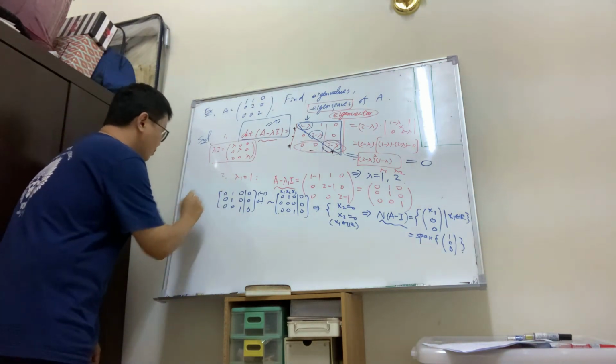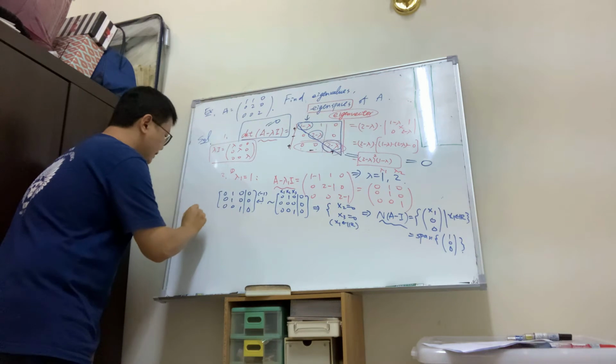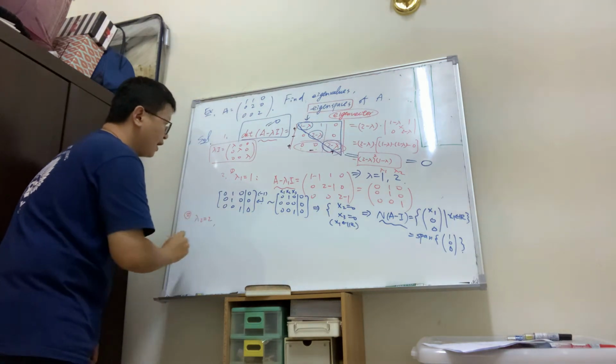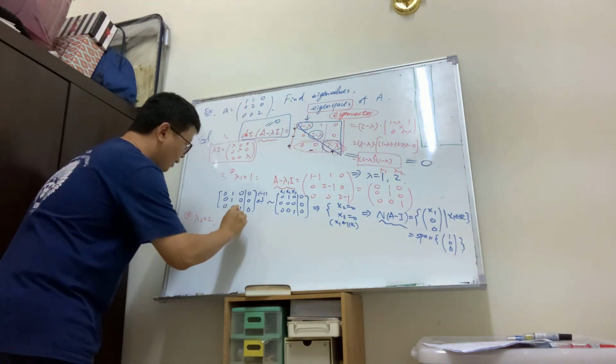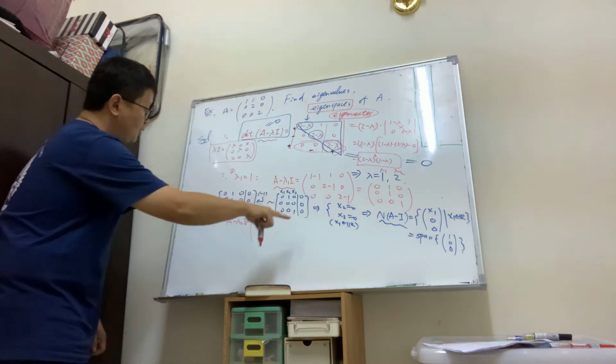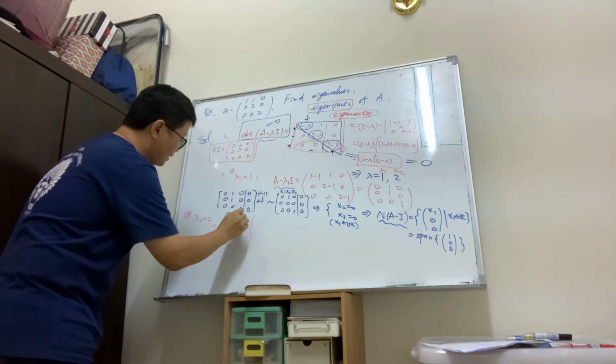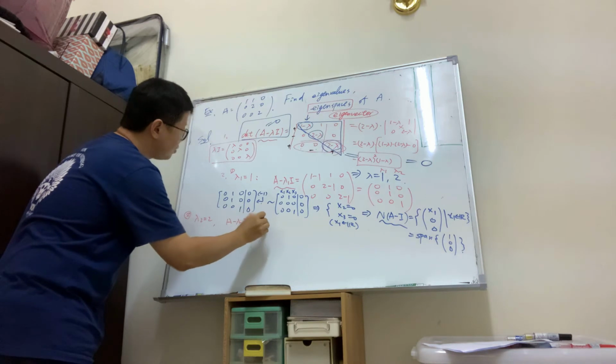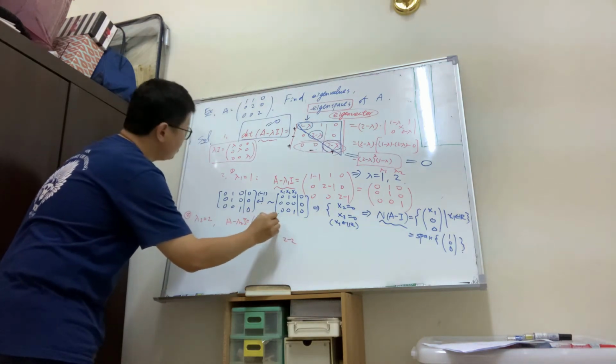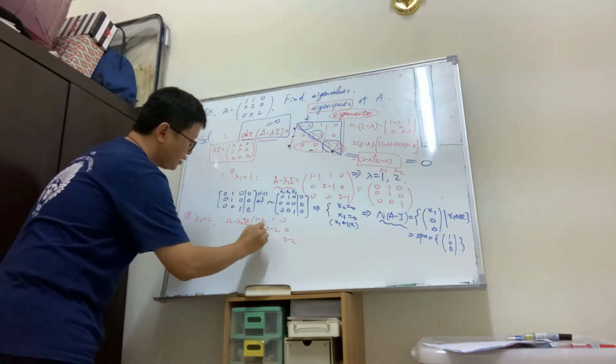And next one is the case when eigenvalue equals 2. Consider A subtract 2I: in the diagonal entry we subtract 2. So it's 1 subtract 2, 2 subtract 2, 2 subtract 2, and the rest are 0.